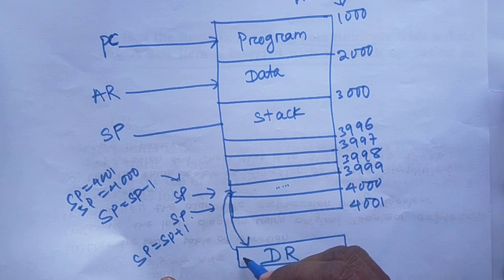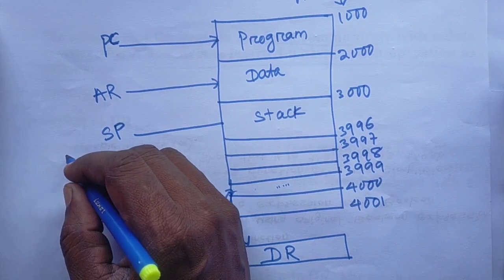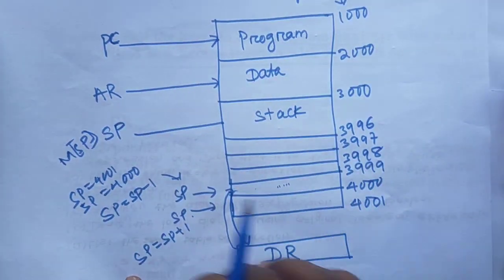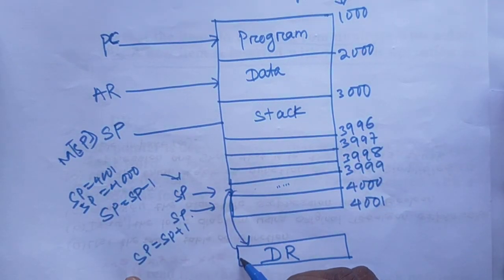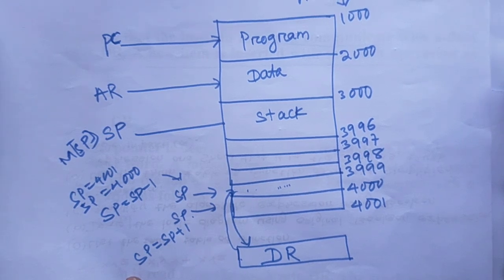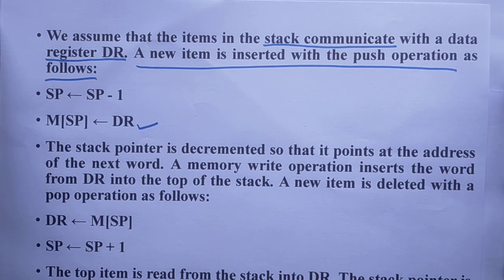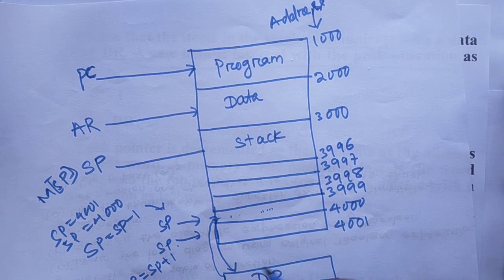And data is transferred from DR to the memory of SP. We can write it in a very simple way, memory of SP, the memory at the stack pointer, where we insert some data from DR. Whenever we pop out, it is popped out to DR. Pop out means the address will increase, SP is equal to SP plus 1.